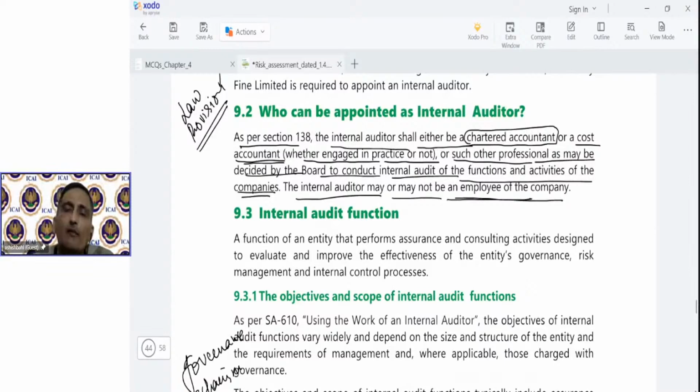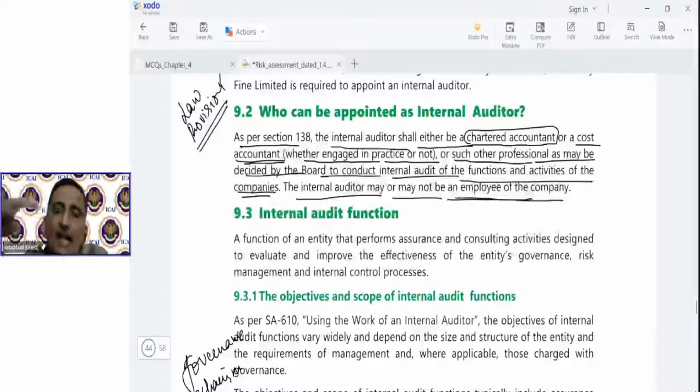So what does section 138 say about the appointment of internal auditor? It says that the internal auditor can be a CA, he can be a cost accountant. These two are expressly written, who hold these qualifications. And then the board has been given the power to appoint such other professional as may be decided by the board.